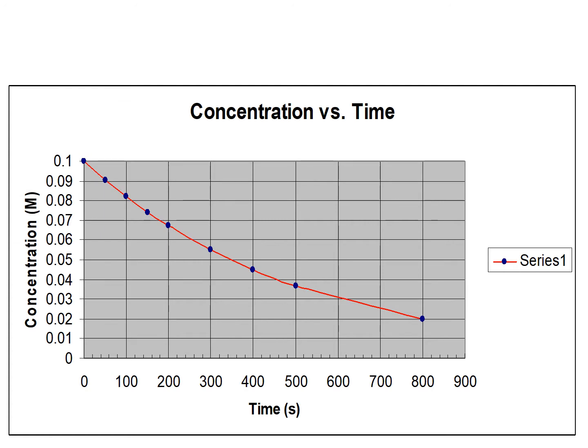So let's say we wanted to look at the average reaction rate of a reaction like this. We can see the concentration is going down. It starts at 0.1 and it ends at 0.02. So this would likely be a reactant because we see that concentration going down. If I wanted to find the average reaction rate here, I could take my end molarity, 0.02, subtract the initial, 0.1, and it took place over 800 seconds.